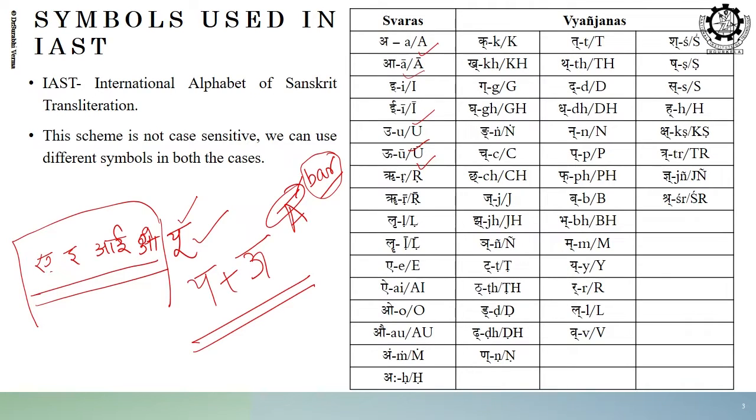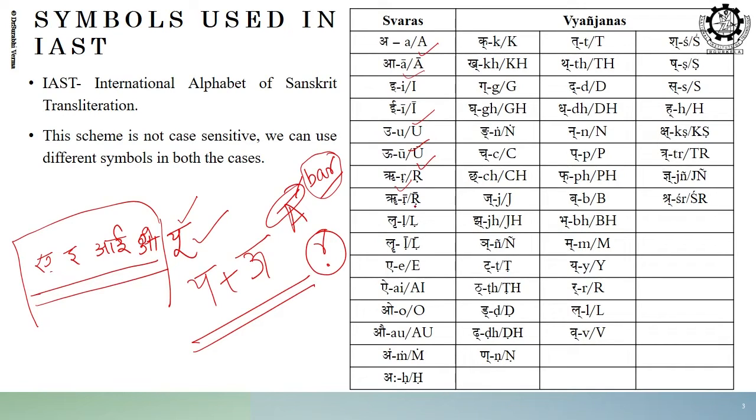After these 6, that is akara, ikara and ukara, we have rikara. Rikara is also short and long. For denoting the short one, we use r with a dot just below it. So, it is r with a lower dot, not case sensitive, so you can use both cases.